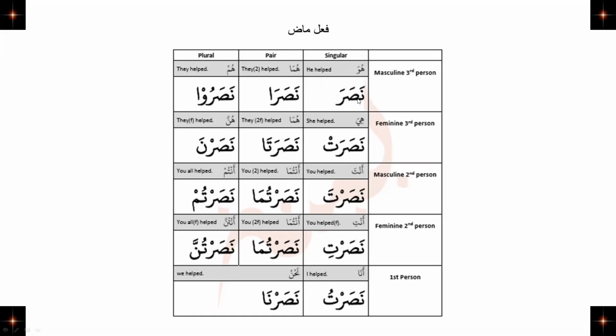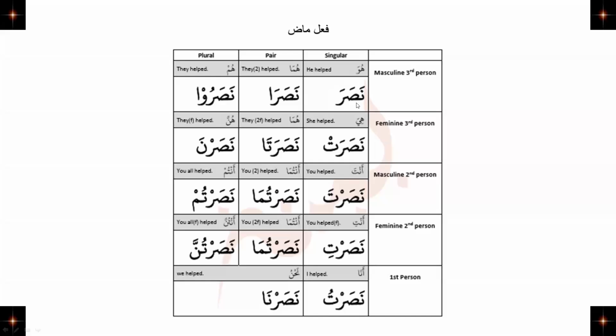So you see, nasara. This is the default one, or the original one, having the fatha there. Like the fatha on the huwa, huwa nasara. Just look at it like that.